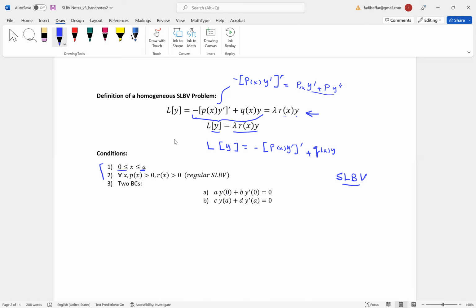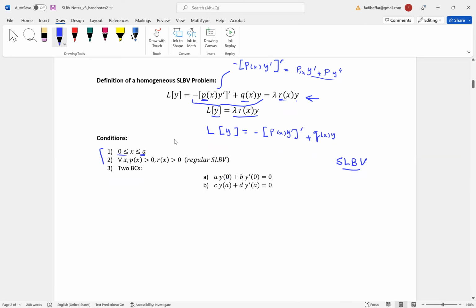We assume that the functions p and r are both greater than 0 for all x, and that they are all real. This one has to be real as well. And we have two boundary conditions: the first at 0, and the second at a.